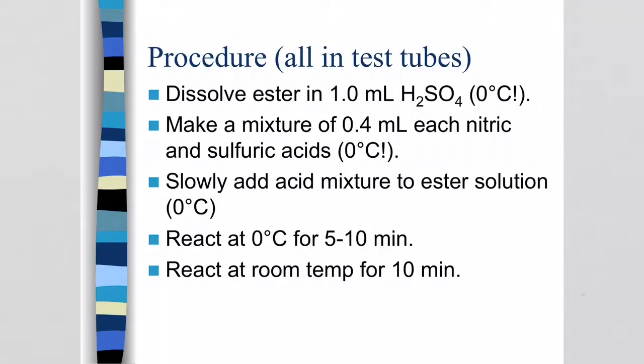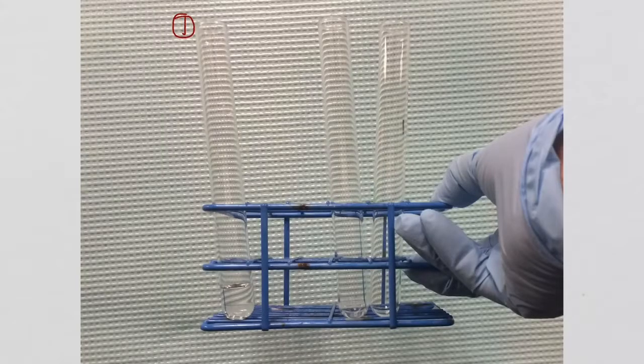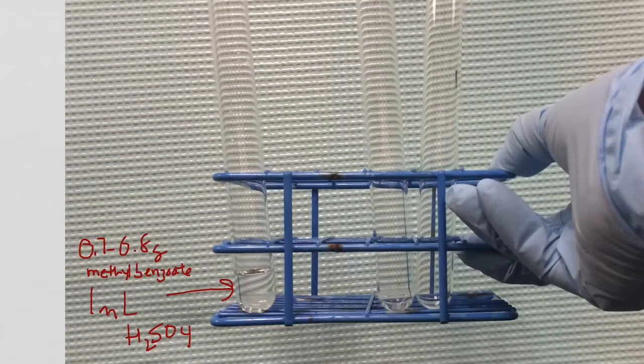In the first step of this reaction, we are going to place 1 milliliter of sulfuric acid into test tube 1 here. So we'll have 1 milliliter of H2SO4, and then we'll add to that 0.7 to 0.08 grams of methyl benzoate. As we're doing this, we want to make sure that all of these test tubes are cooled to 0 degrees Celsius, which you can just do in an ice water bath in a beaker.